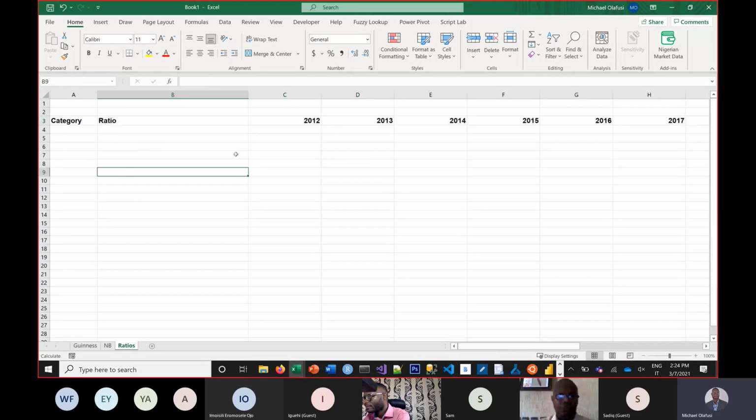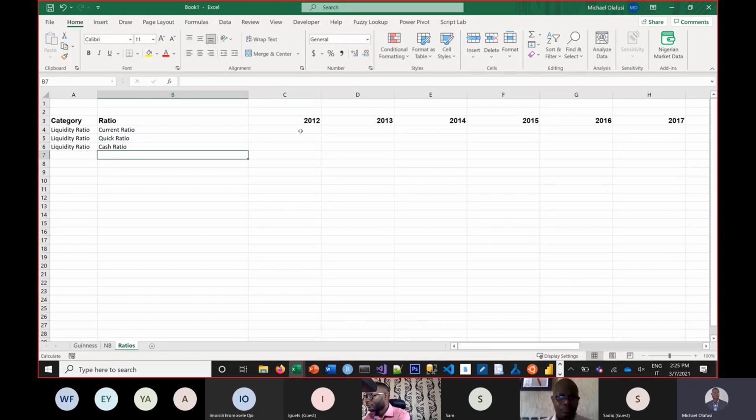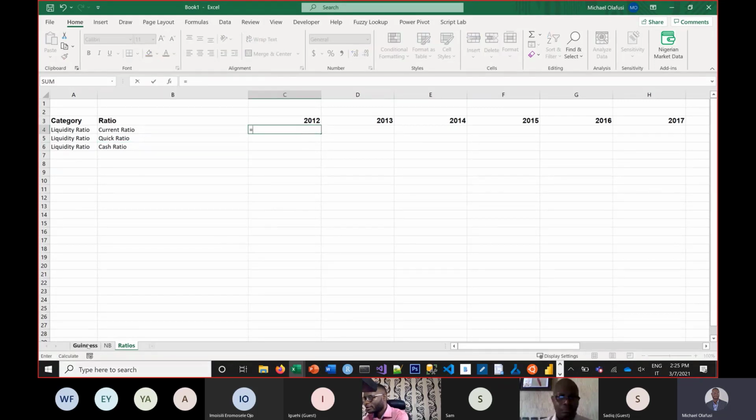So we are in liquidity: current ratio, quick ratio, and cash ratio.